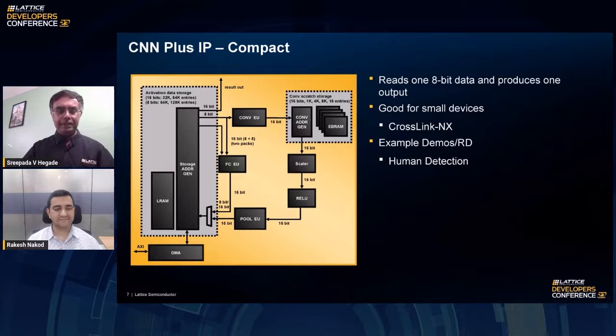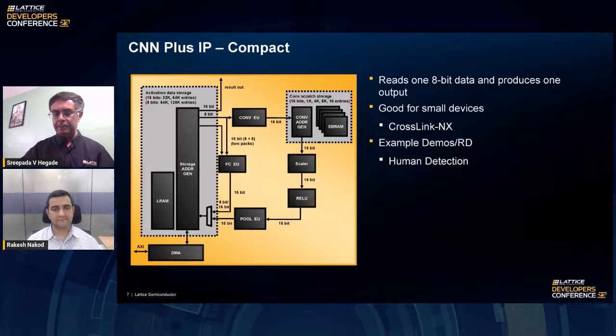I will be presenting our CNN IP accelerator that comes in various flavors. The reason we provide different versions of CNN IP is that it meets different target application requirements. You can do a trade-off between performance versus resource utilization.